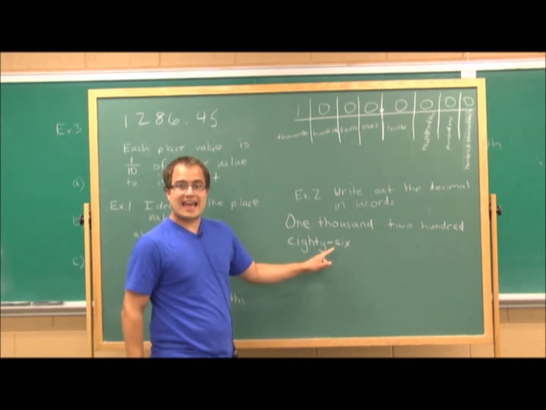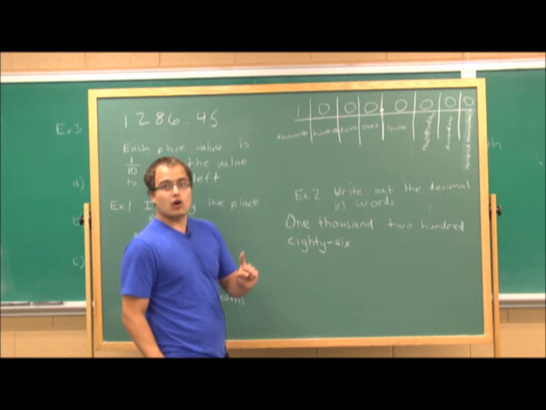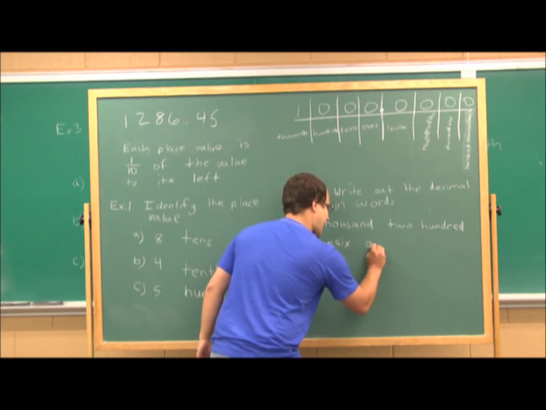Don't forget the dash after words that end in ty. Now, in words, to represent a decimal, we use and.